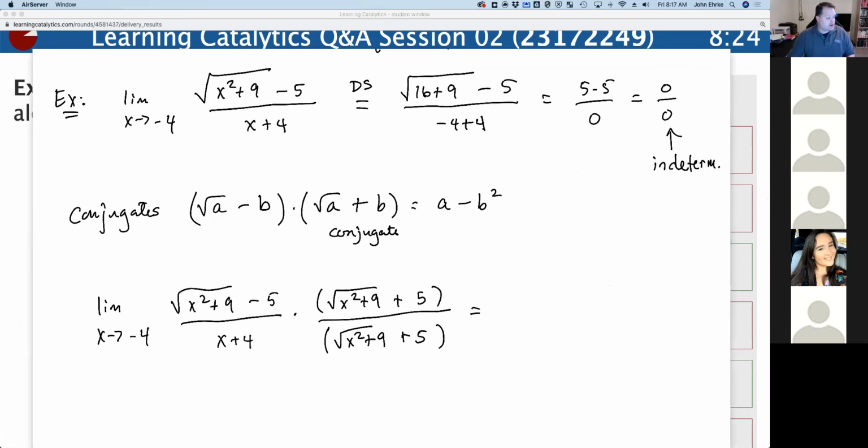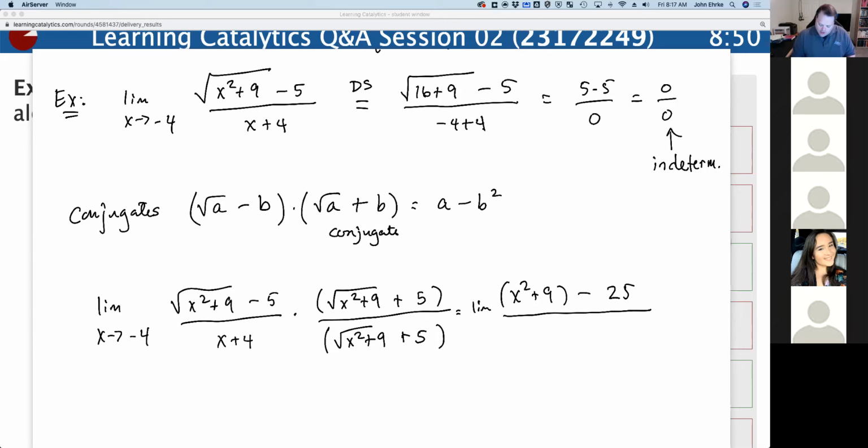If you look at the multiplication that occurs in the numerator, I'm just following this conjugate rule, which says you square the first term. The first term is a square root, so the square root disappears. And then you square the second term, 5 squared is 25, and then you subtract the two. So that's your new numerator. And then the denominator, I can't forget my limit sign here.